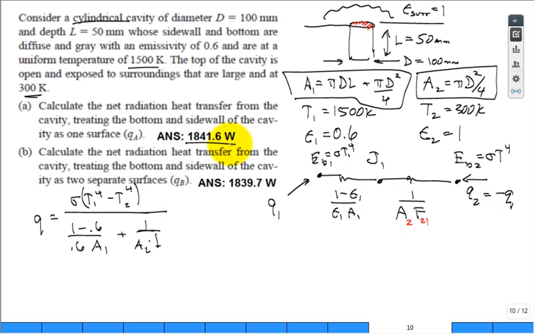So you would then calculate that this is 1841.6 watts. 5 significant digits. Why did we leave 5? Because part B says to recalculate, but don't assume that these all have the same emissivity, treat the bottom as a different surface than the sidewalls. And what they're getting at is the radiosity from the sidewall is a combination of what's reflected off the sidewall as well as what's emitted off the sidewall.